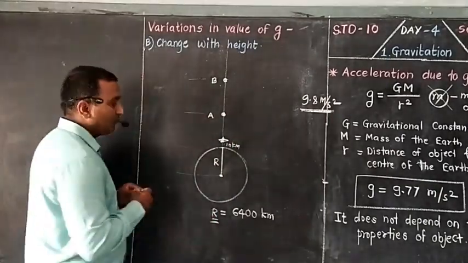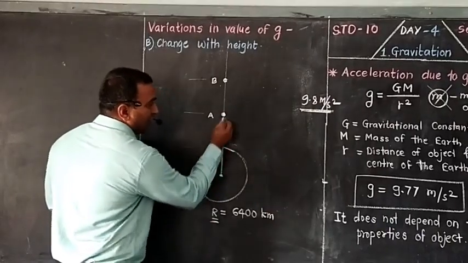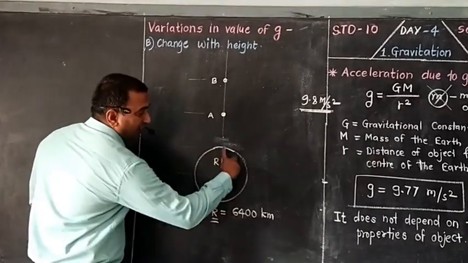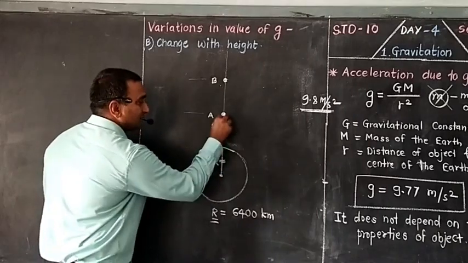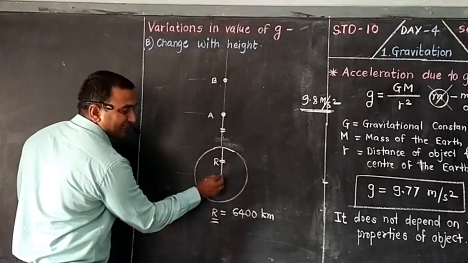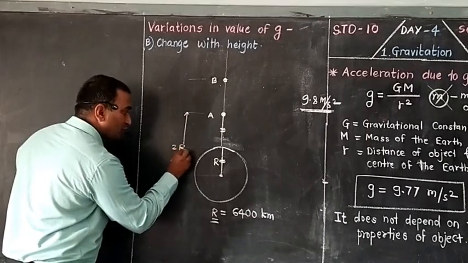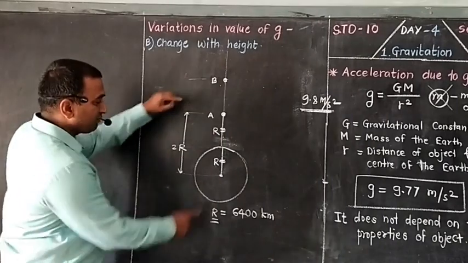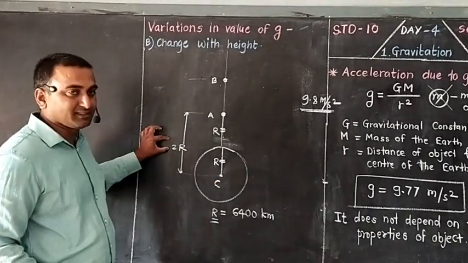But now we are focusing on the next point. The object is at point A, and what is point A? How much distance do we have between the center and the surface? The same distance we have here. If this distance is r, then this distance is 2r, that is twice r, this one plus again r. So between the center and A, we have 2r distance.